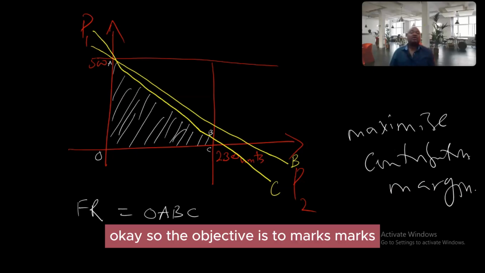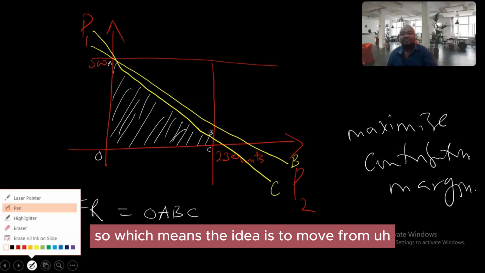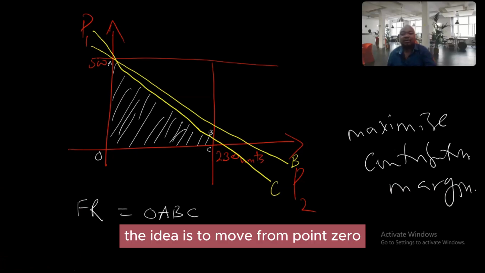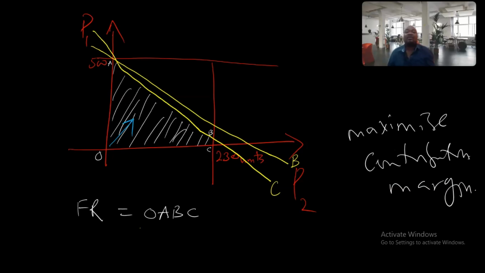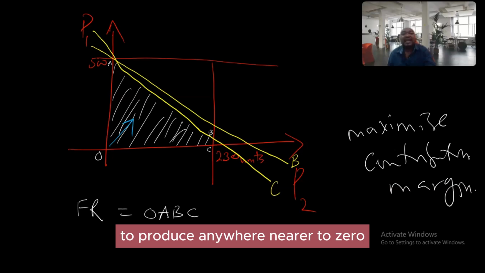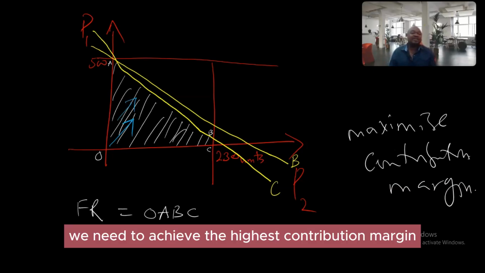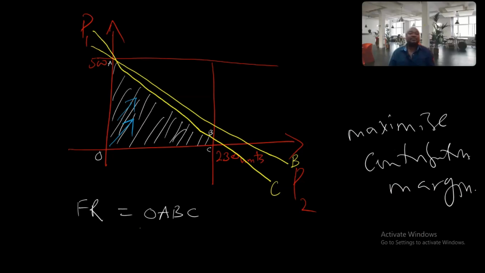Okay, so the objective is to maximize. So which means the idea is to move from point 0 going upwards there, because we do not want to produce anywhere nearer to 0, but we need to move outwards. We need to achieve the highest contribution margin possible.